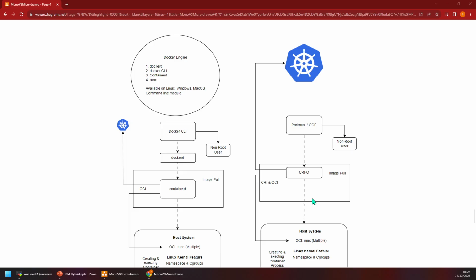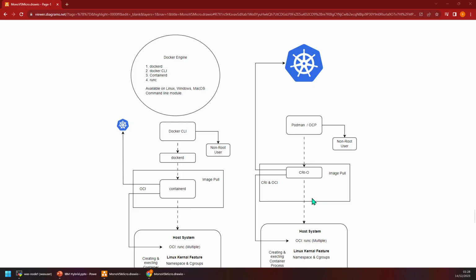And then in terms of security and compliance, CRI-O places a strong emphasis on security and compliance. It includes features like pod level security policies, seccomp security profiles, and integration with OpenSCAP for compliance scanning.